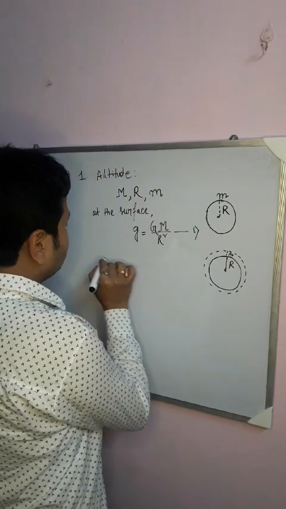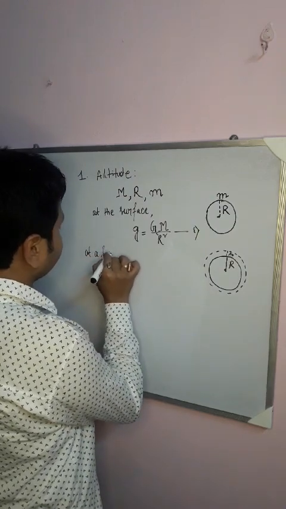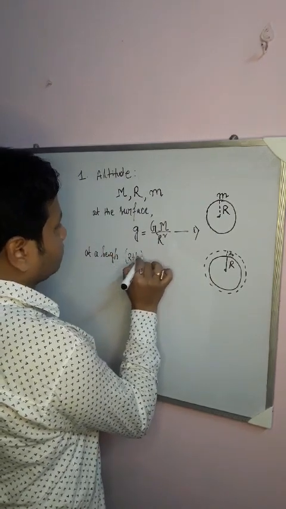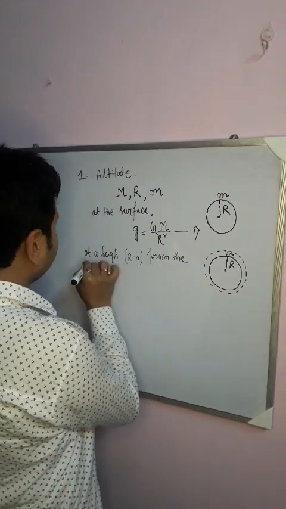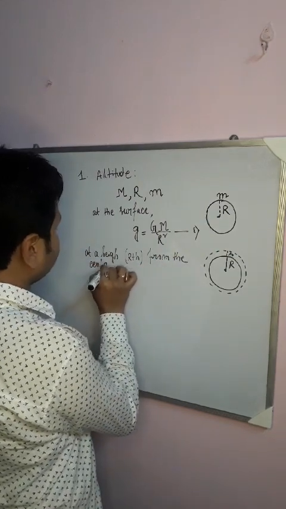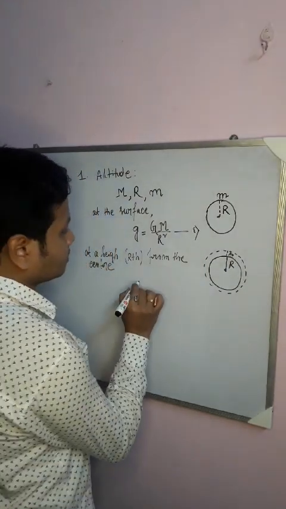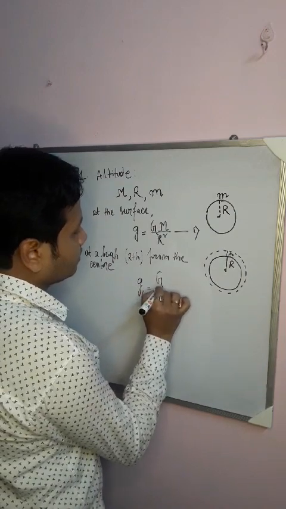So at a height R plus h from the center, or more generally at a height h from Earth's surface, suppose we write the acceleration due to gravity as g_h. So what will it be?